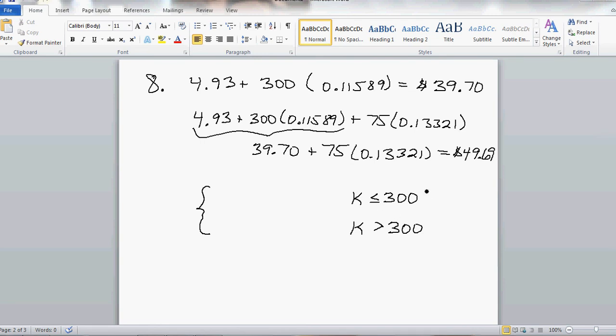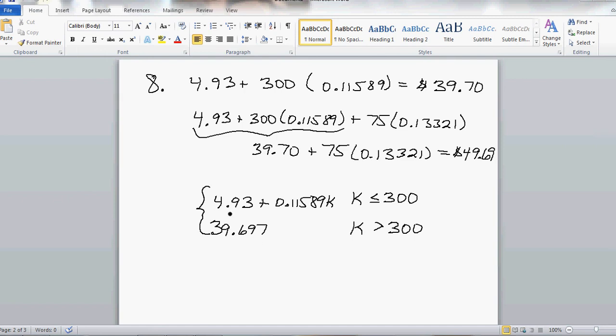If it's 300 kilowatt hours or less, it will be 4.93 plus 0.11589 times K, as long as K represents how many kilowatt hours, whenever K is less than or equal to 300. So we've got that much of it. But this one is greater than 300. Well, here's the deal. If we would actually carry this out and not round, this would be 39.697.